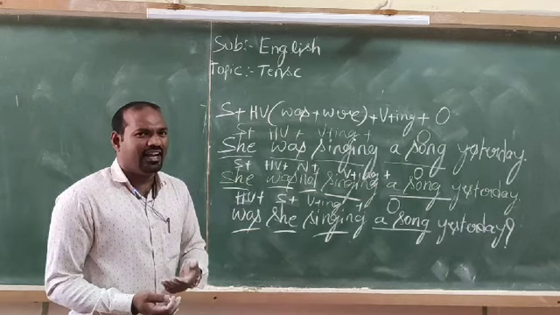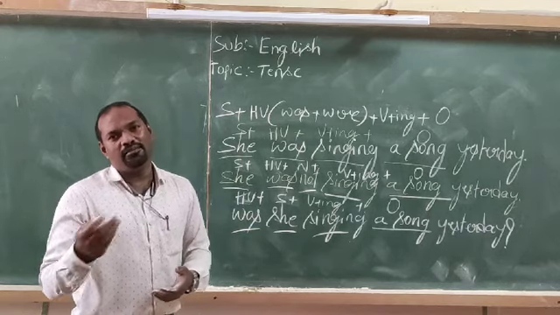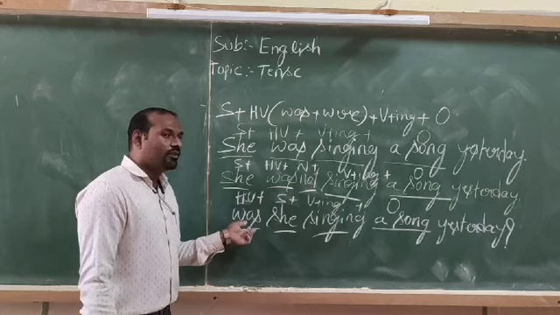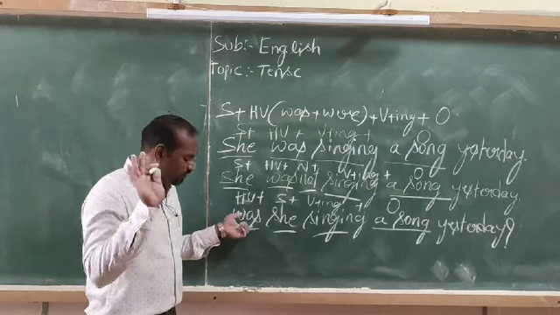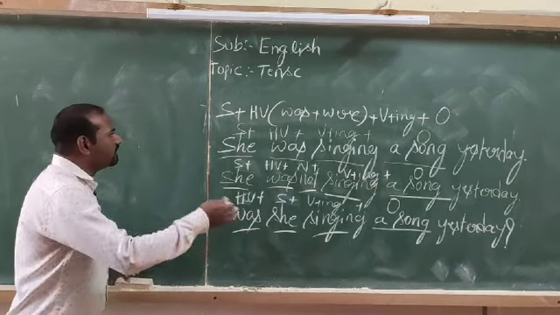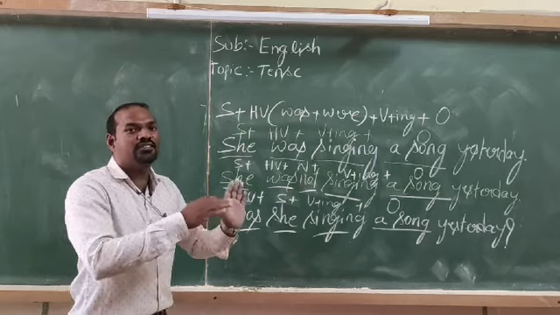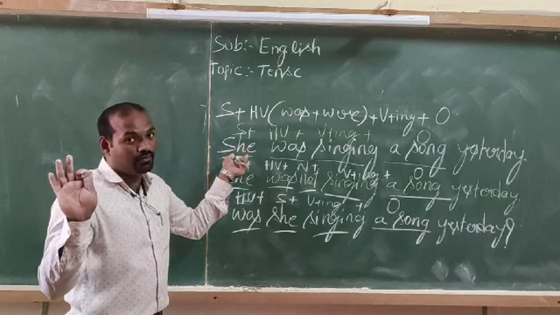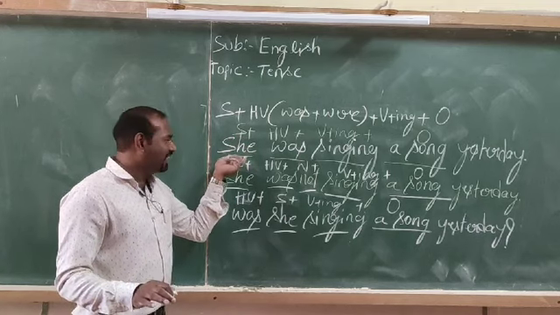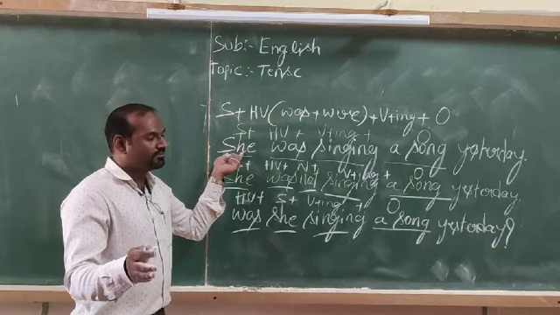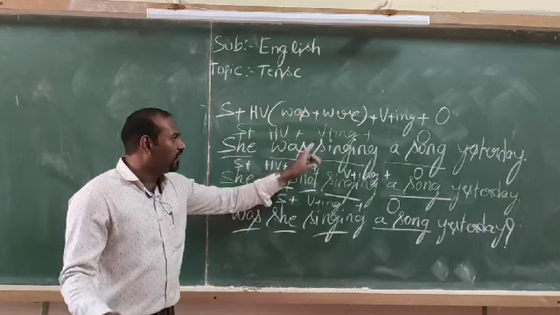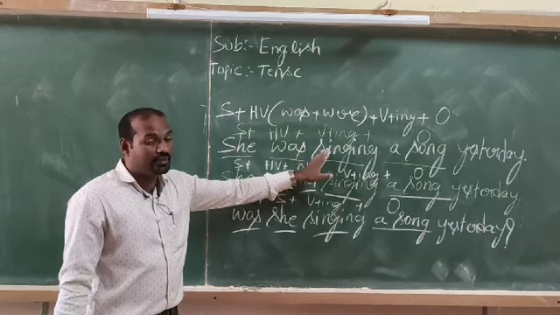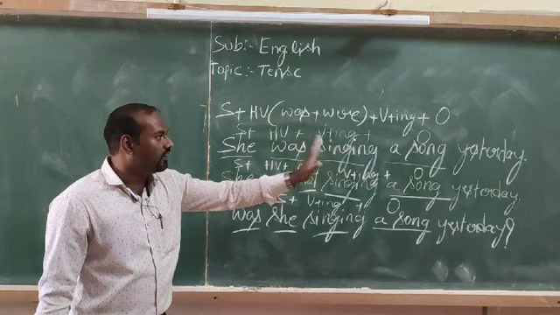What is the answer? It may be yes or no. That is also the reason it is called a yes or no type of sentence. So this is the structure of the past continuous tense. If the subject is plural, take were as a helping verb. If the subject is singular, like she, he, it, take was as a helping verb along with the present participle, verb plus ing, and object.